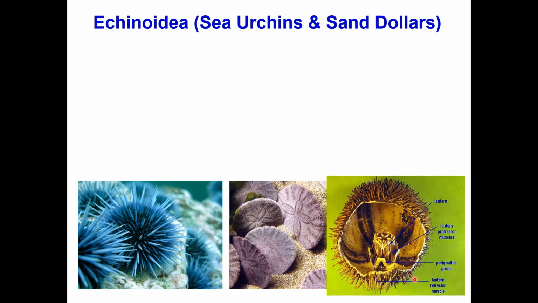Now let's move into the next group, Echinoidea, sand dollars and sea urchins. So this is a sand dollar, right? And this is a sea urchin. A sand dollar is called a sand dollar because it actually looks like a dollar, right? It's flat, dorsoventrally compressed. In sea urchins, there is some dorsoventral compression, but they still maintain their globular body form.